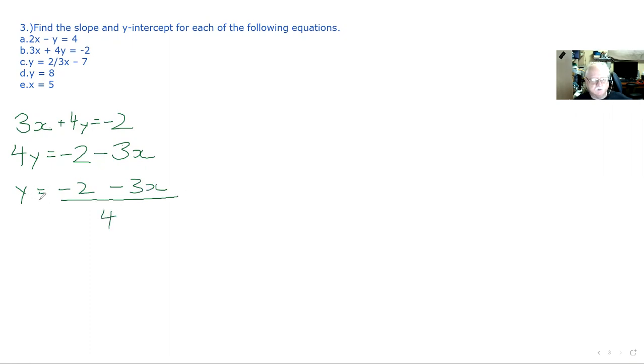So we've isolated the y, but we've got to sort out this nonsense. So y equals negative 2 over 4, take away 3 over 4x.